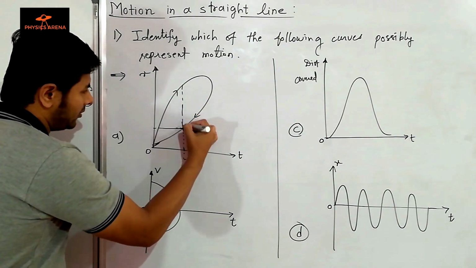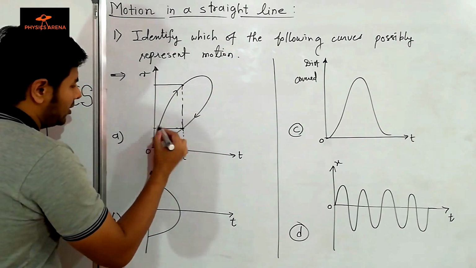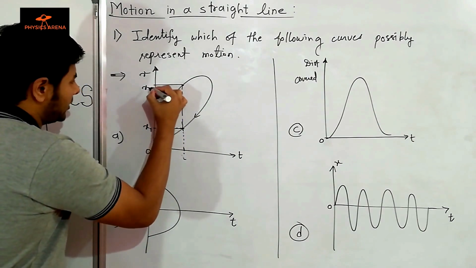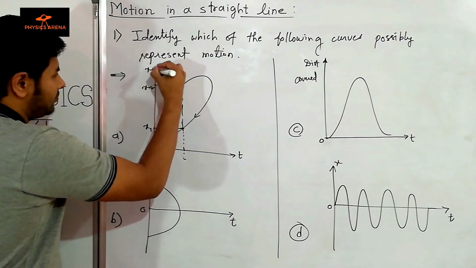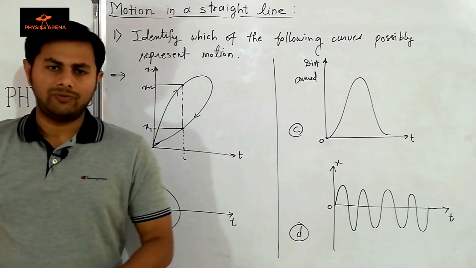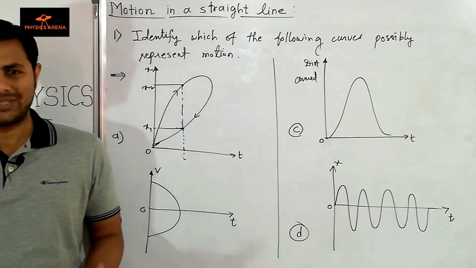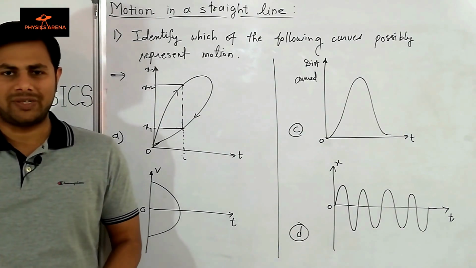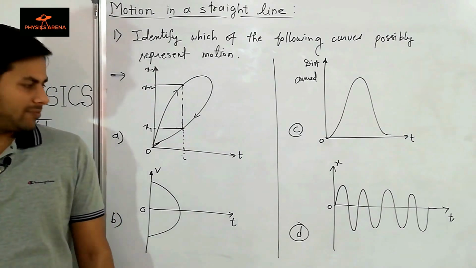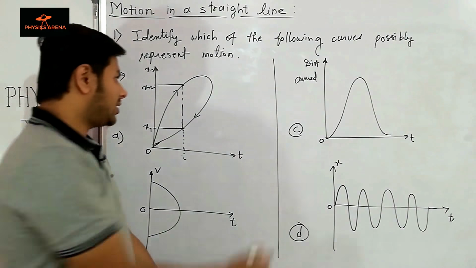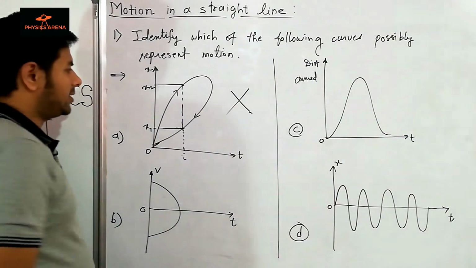If we try to find position of an object, we get these two answers, x1 and x2. And we know that no real object can have two positions at the same time. The object cannot be simply here and there at the same time. So that's why this graph must not represent motion.